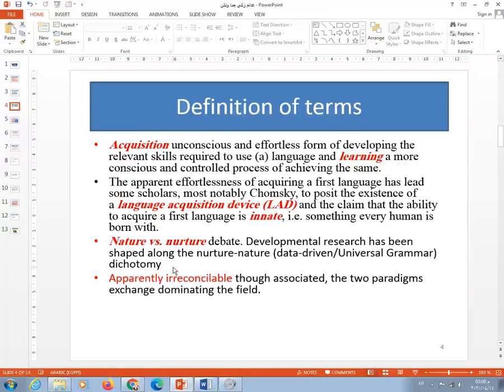They are apparently irreconcilable, but sometimes we can find some sort of common background, as has been attempted by some scholars. However, we can say that this dichotomy has been dominating the field up to the moment.